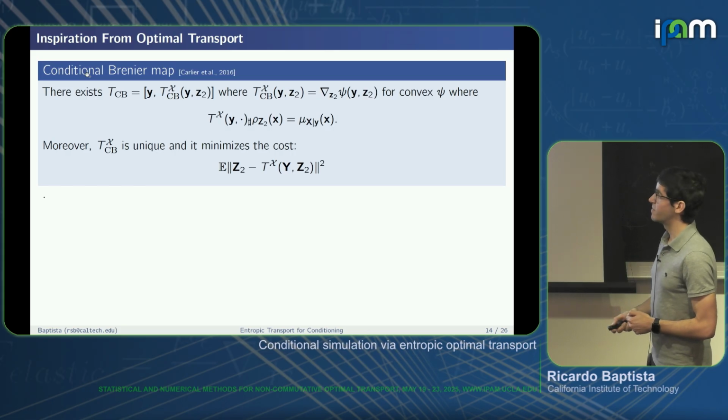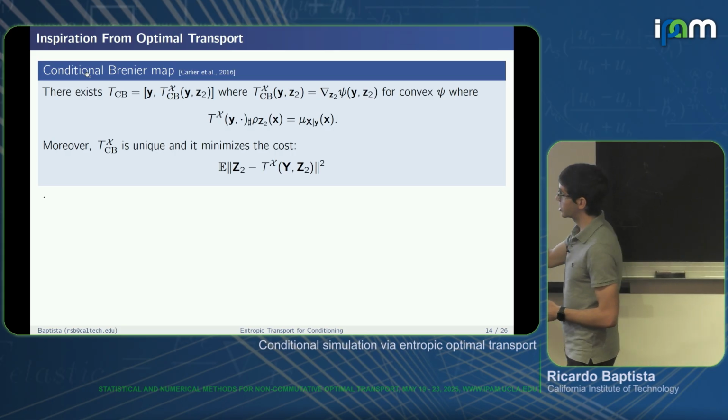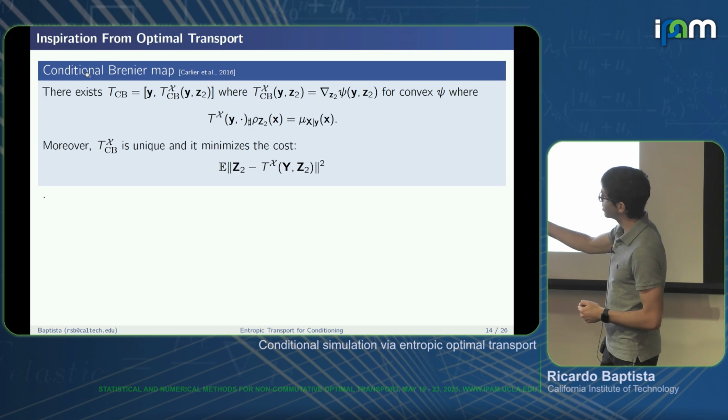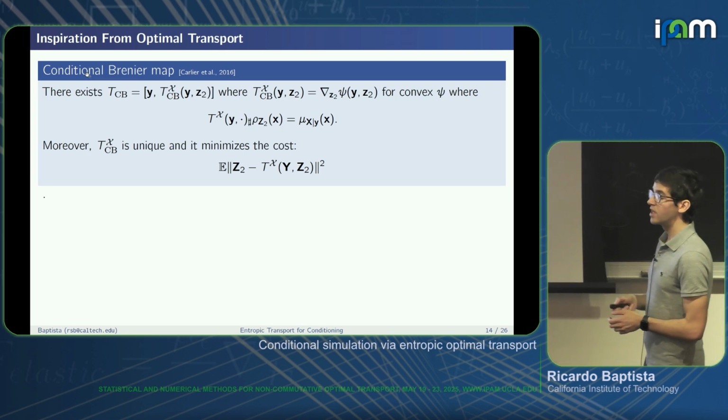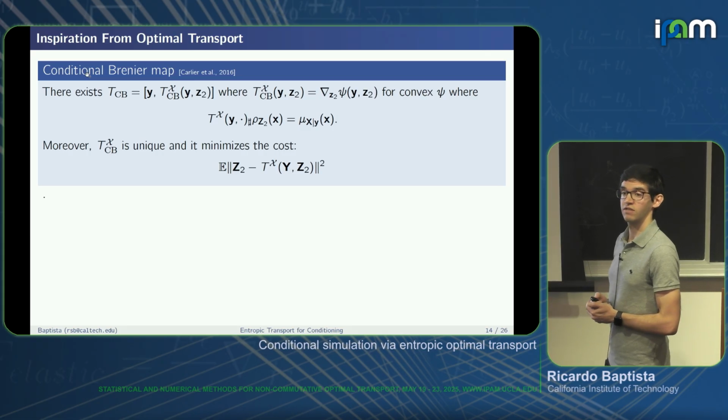And moreover, it's a map that minimizes a transport cost with respect to this reference input variable Z2 in expectation over the conditioning variable Y.